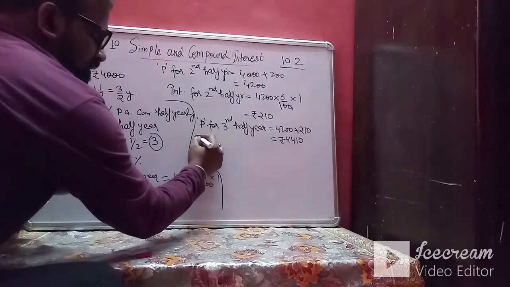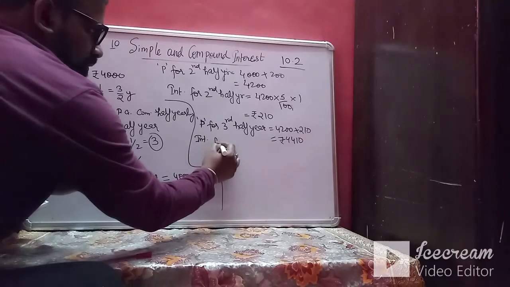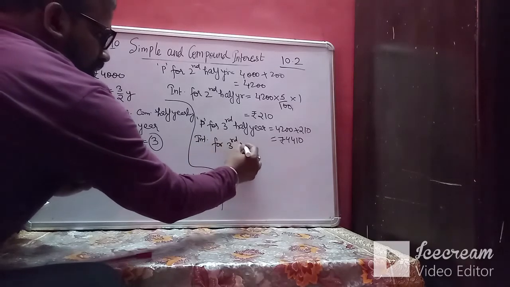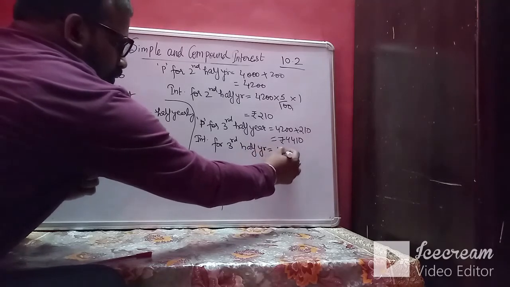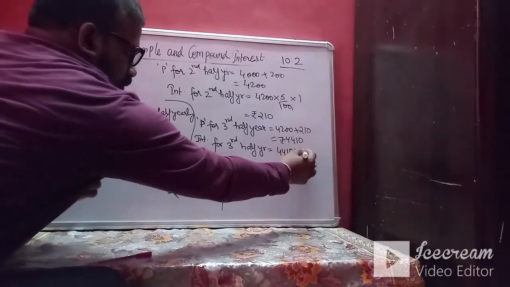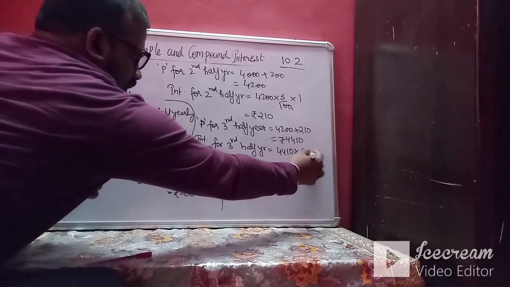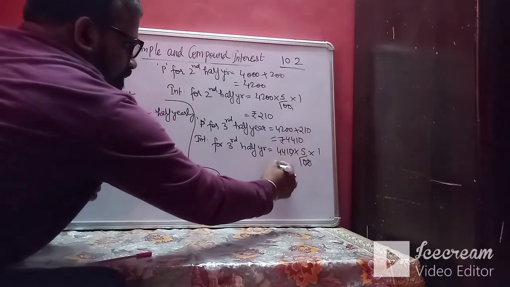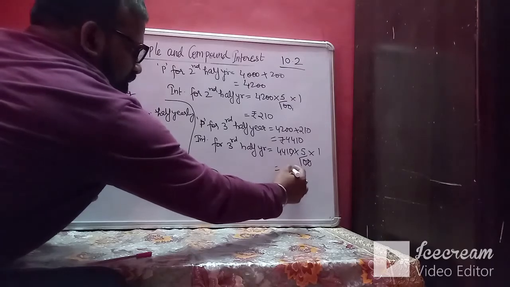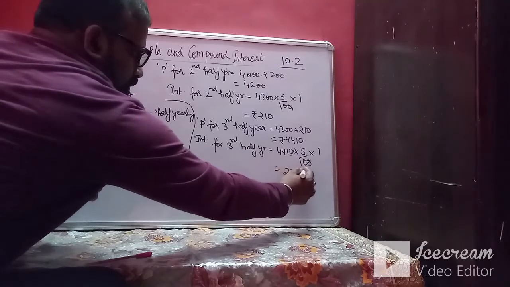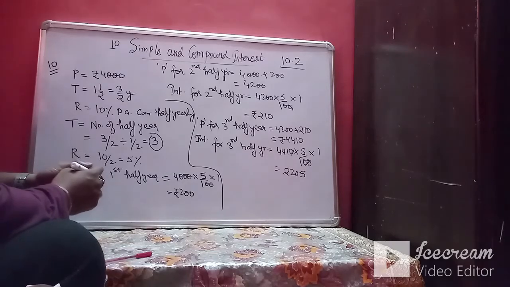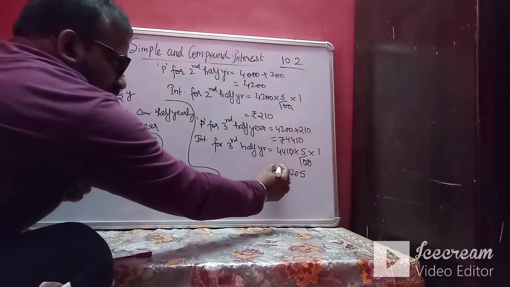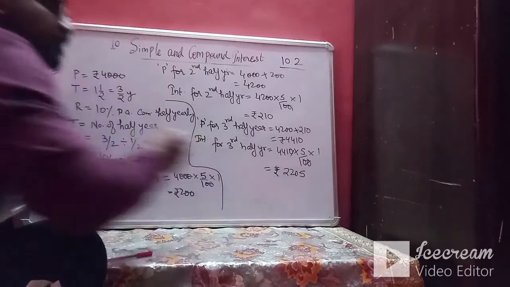So what is our interest for the third half year? 4,410 into 5 upon 100 into 1. So it will be 220.5 rupees. Okay, so this is our final interest for the third half year.